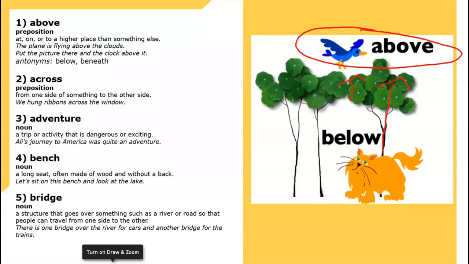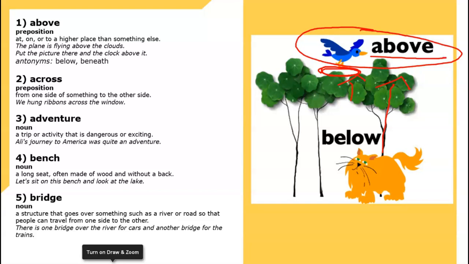Above is like saying it's on top of something, but not really touching. So the bird is not touching the tree, the bird is not touching the cat, so it is above. It's higher than the other thing.